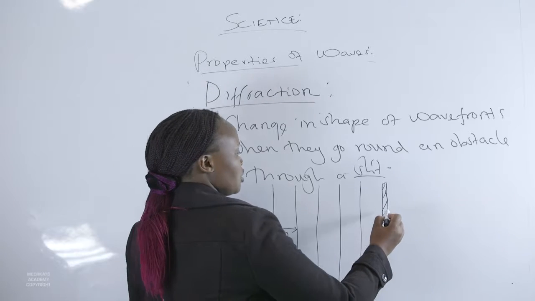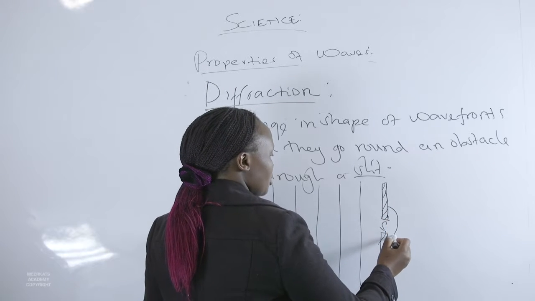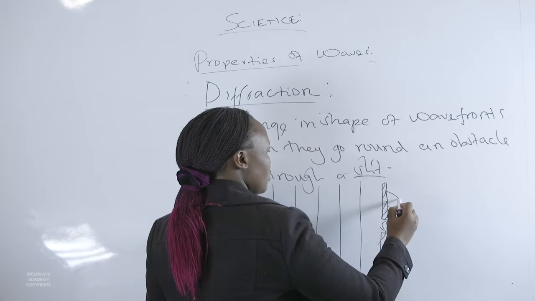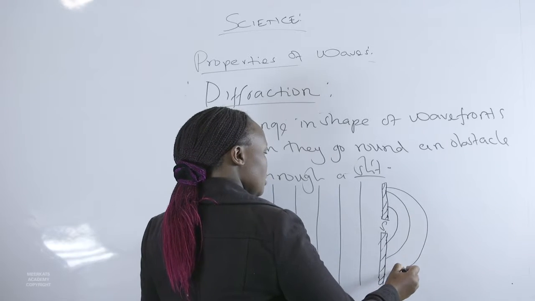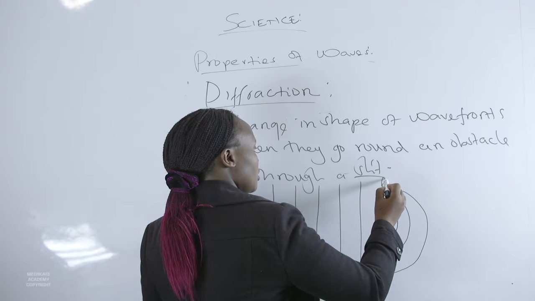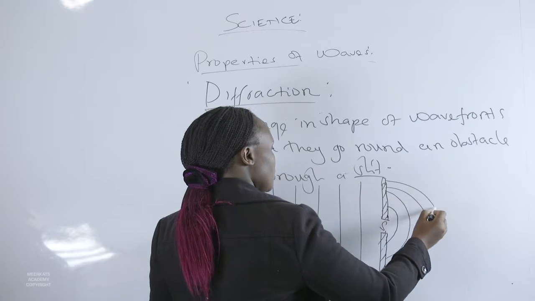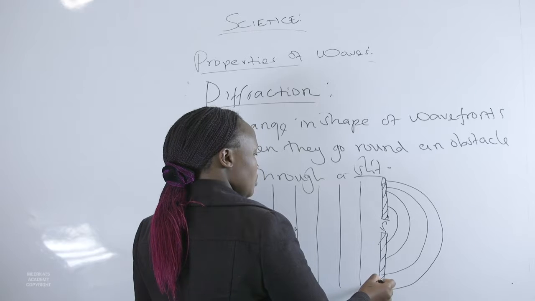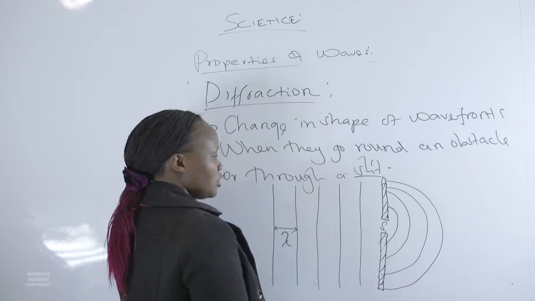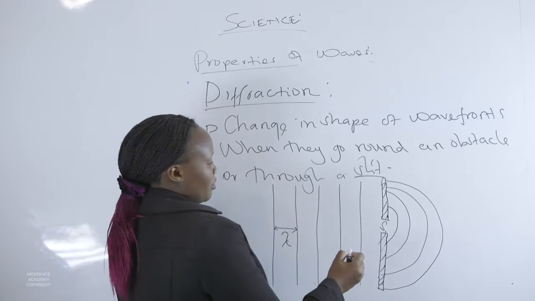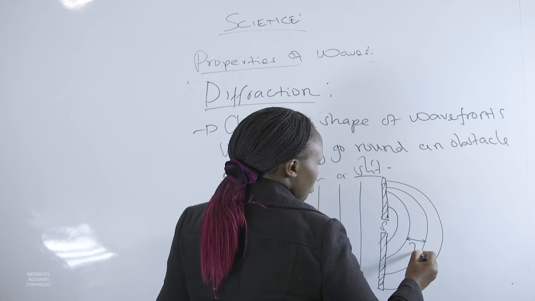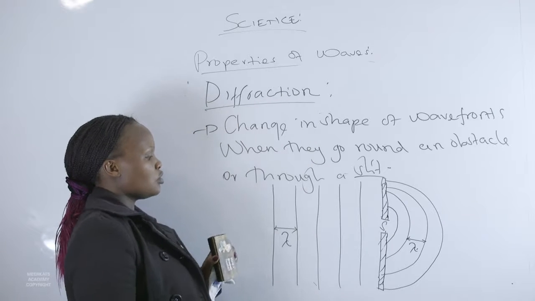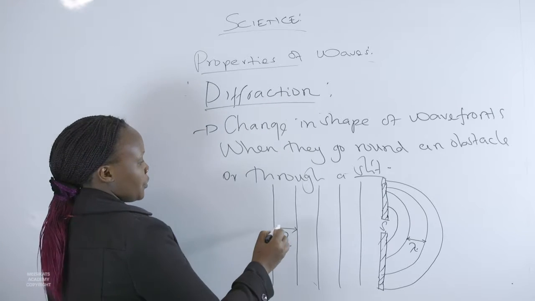They are going to change in shape, so that now we shall have emergent circular waves, emergent circular wavefronts. But what we need to note here is that the wavelength is not going to change.